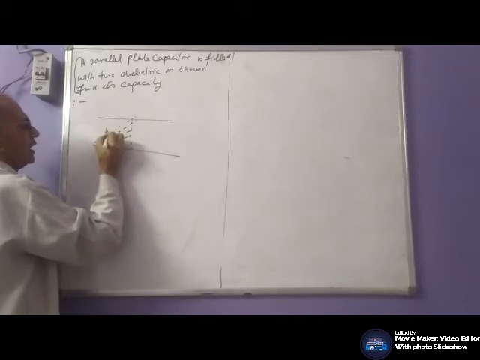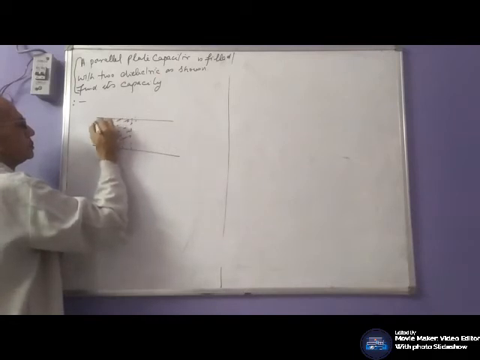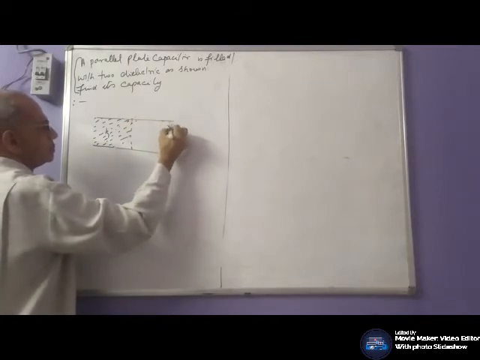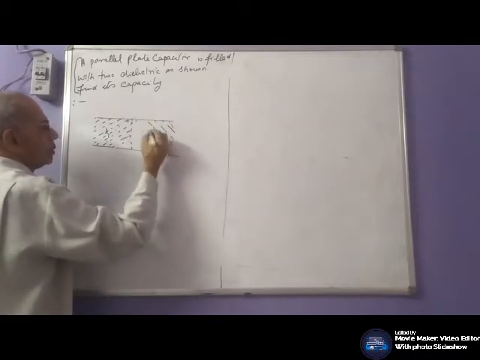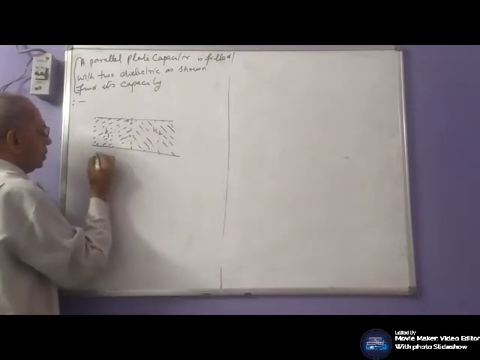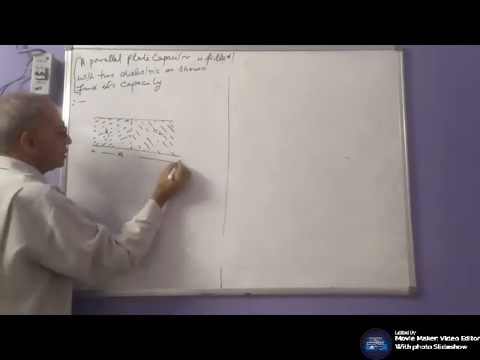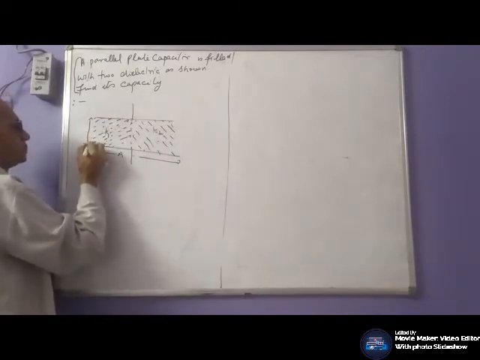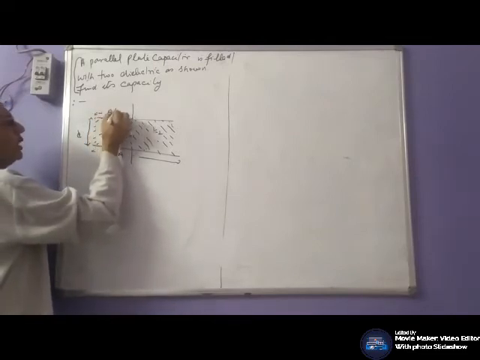This is dielectric constant K1. This is K2. This is area. It is D. A by 2.